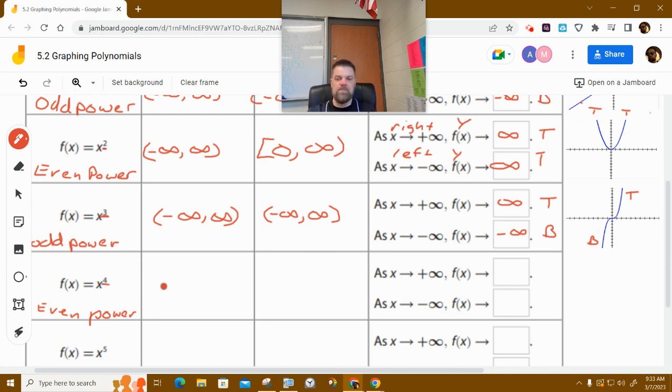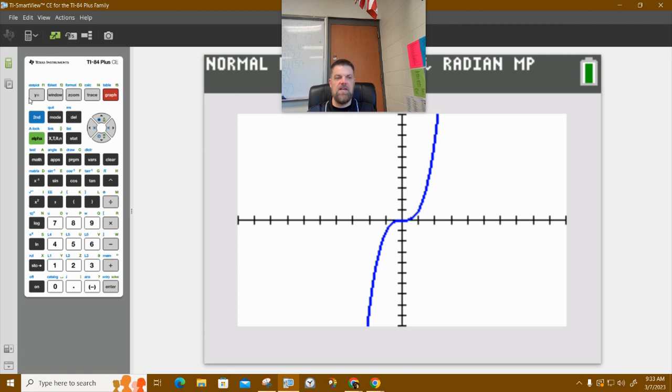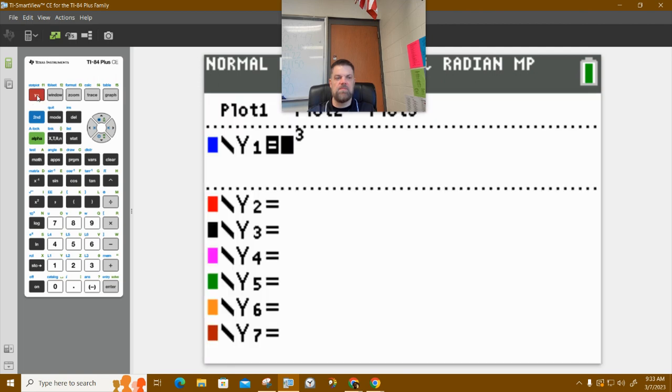It's an even power. Well, let's graph it and see what it does. So now I'm going to come in here, hit y equals. And if you just move the right cursor, it'll eventually put you where the 3 is. And you just hit 4, and that replaces the 3. Then you hit graph.